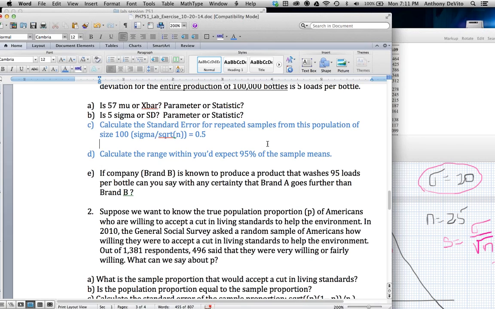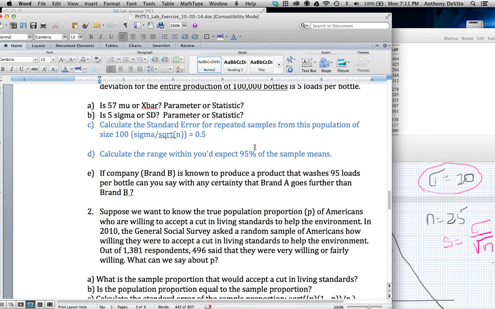So now, when I look at the answer to D, not only do I know that the mean of the population is somewhere around 57, I also kind of know that, gee, it's unlikely it's going to be more than 2 standard deviations below that or more than 2 standard errors above that. I can bracket my level of certainty about that mean.